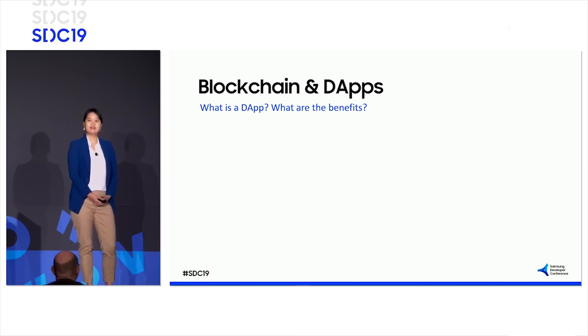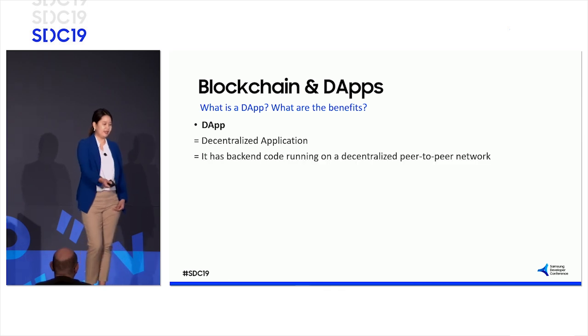D means decentralized. So, what is a DApp? DApp is a decentralized application. It has backend code running on blockchain or a decentralized peer-to-peer network.